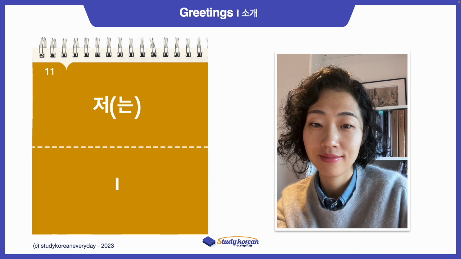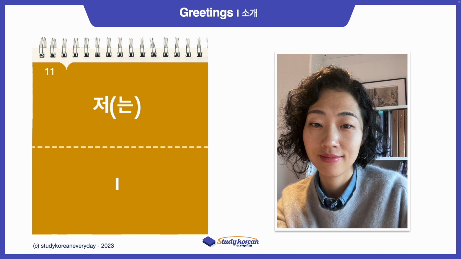저는. 저 means I. And 저는 is also I. Why? Because Korean language has another significant character which is postposition.